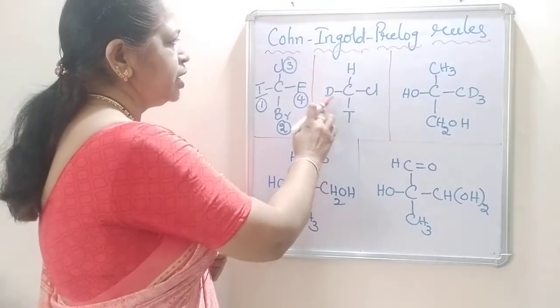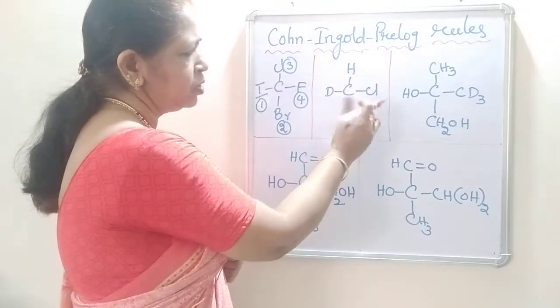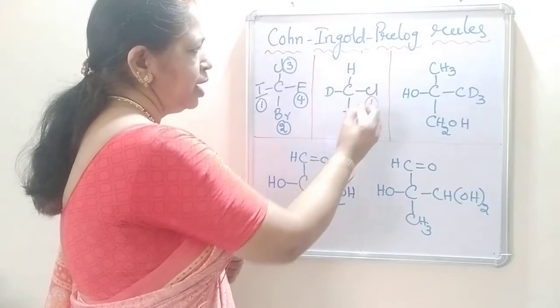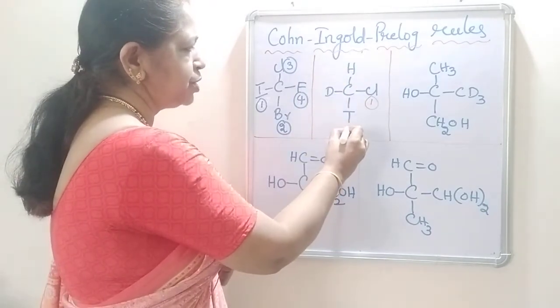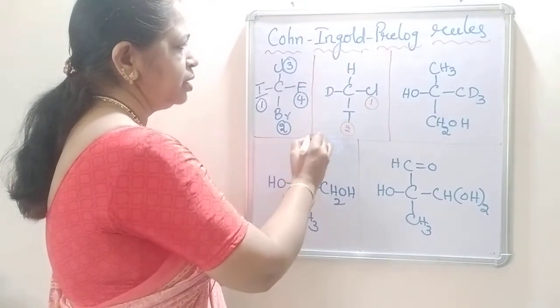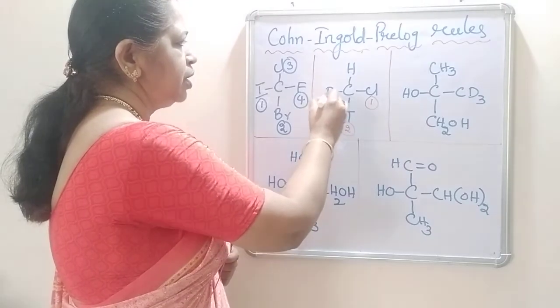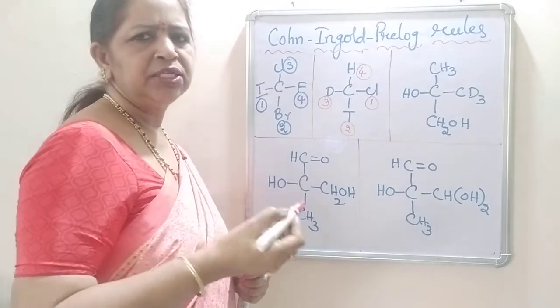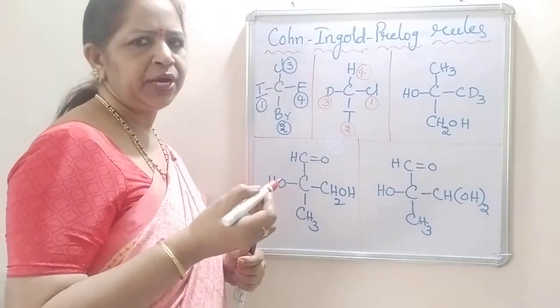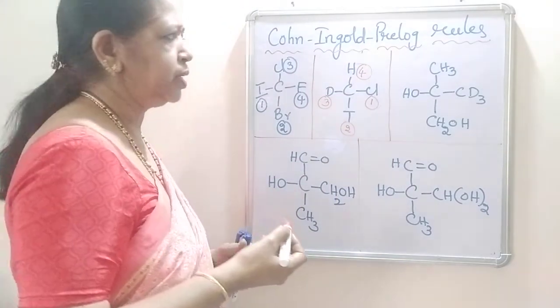Now, among these 4, first priority goes to chlorine, and among the isotopes of hydrogen, tritium gets the first priority, that means the second, deuterium third and hydrogen fourth. Hydrogen will always get the 4th priority wherever it is present.